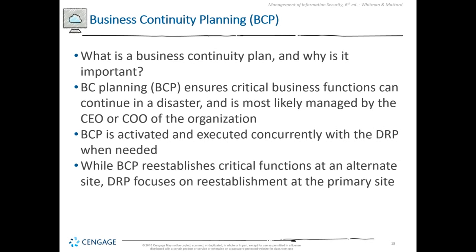The NIST approach for contingency planning to make a viable business continuity planning program is: form the BC team, develop the BC planning policy statement, review the business impact analysis, identify preventive controls, create relocation strategies, develop the business continuity plan, ensure the plan by testing, training, and exercises, and ensure the plan maintenance as well.